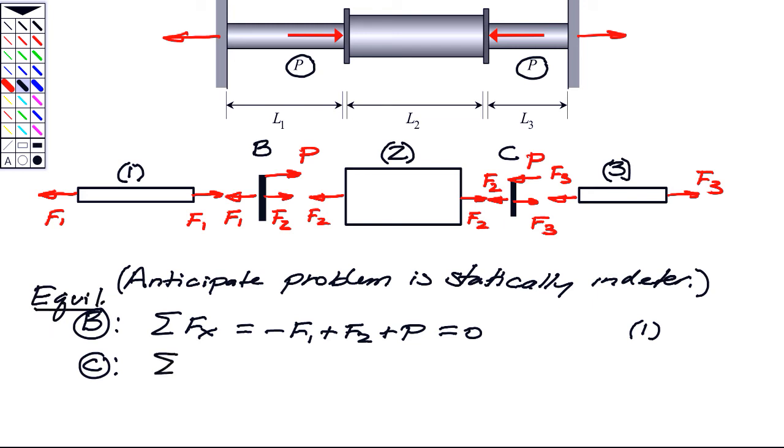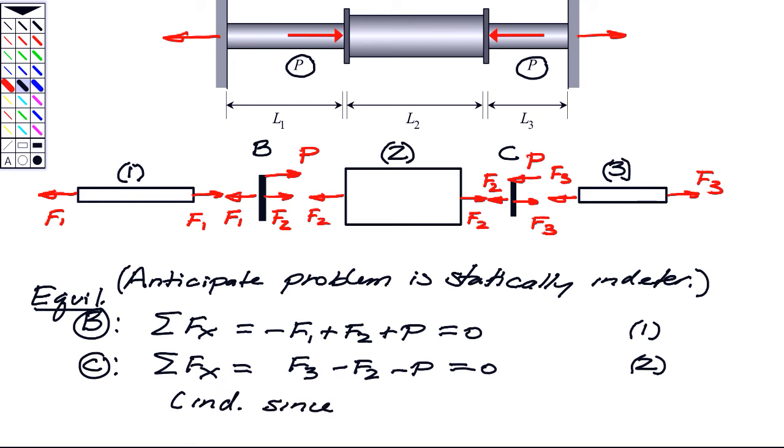If I sum the forces acting on connector C, what I have is F3 minus F2 minus P equal to 0. And this is our first real hard evidence that the problem is indeterminate, as we suspected.